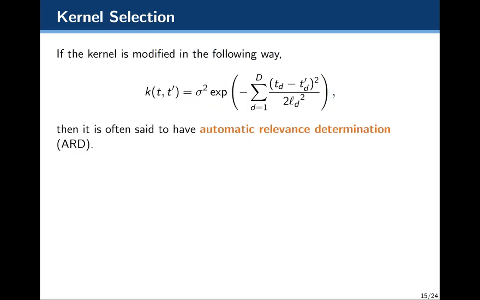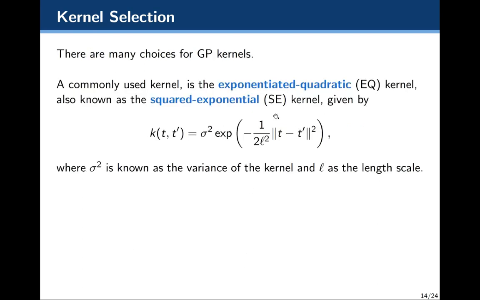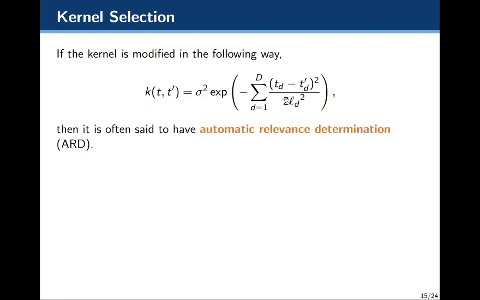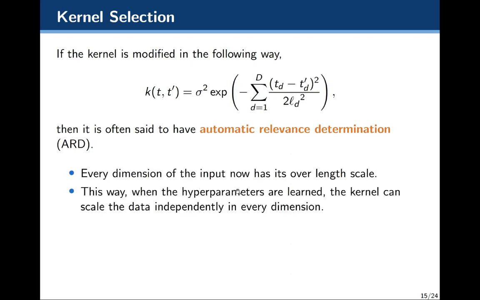Now, we can modify the squared exponential kernel. Instead of saying the length scale is independent of the input dimension, right? If t is a vector, then L is independent. We just take a vector norm here. But we can actually specify a different length scale for every dimension and modify our kernel this way. And this is said to have automatic relevance determination. The reason is that every dimension now has its own unique length scale.